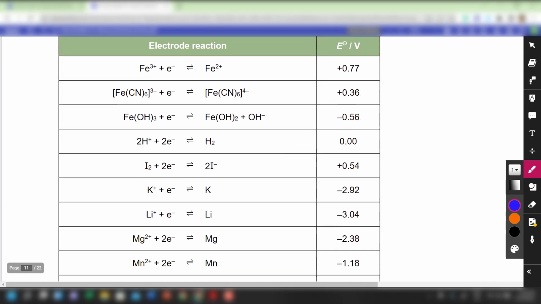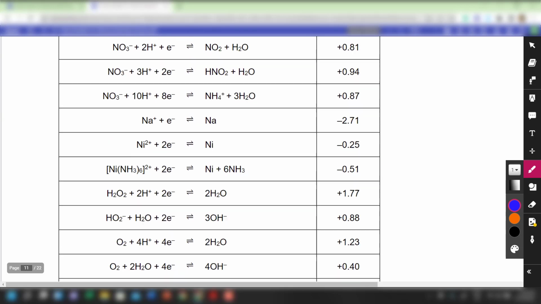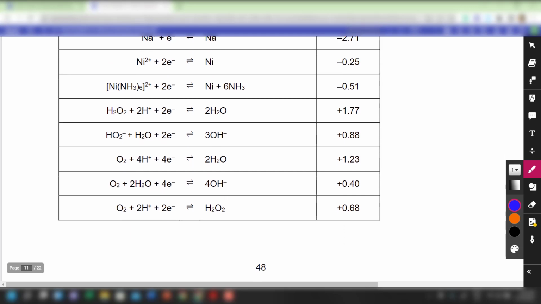If you compare that to oxygen-water, which is 1.23 volts, you will notice that the bromine-bromide reduction potential is less positive than that of oxygen-water. So under the set condition, bromides will be preferentially oxidized to give us bromine.